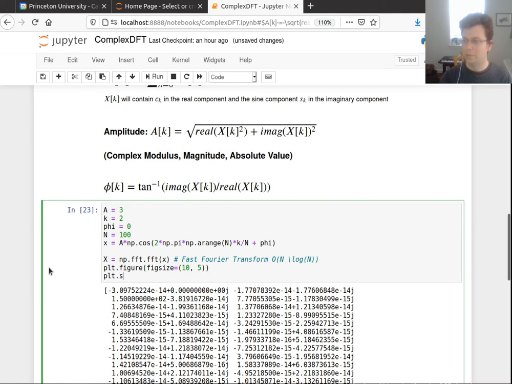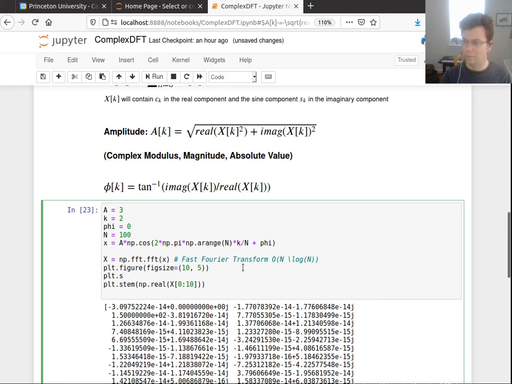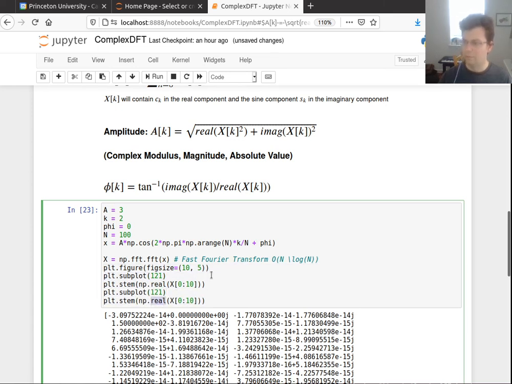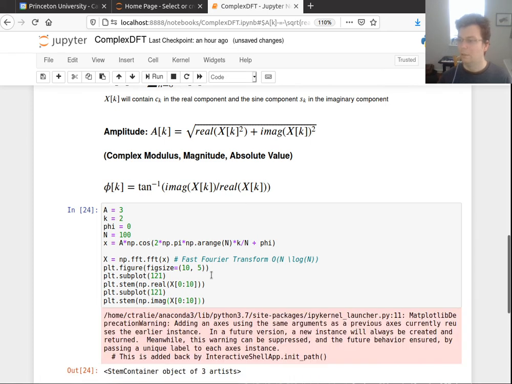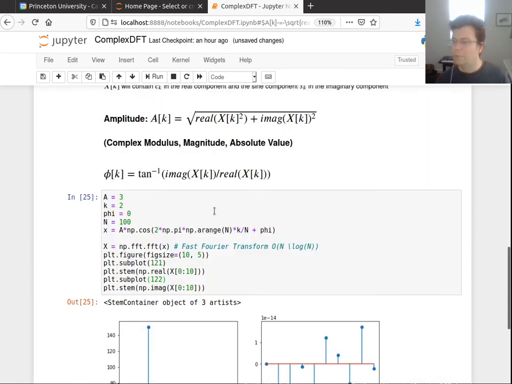Let me plot the first 10 real components of these frequencies. And let me plot the first 10 imaginary components, and we'll see what they look like. Okay, there we go.